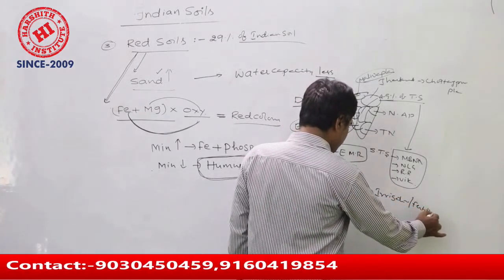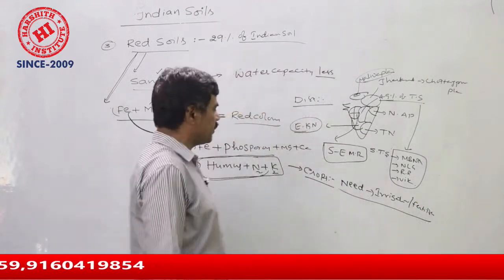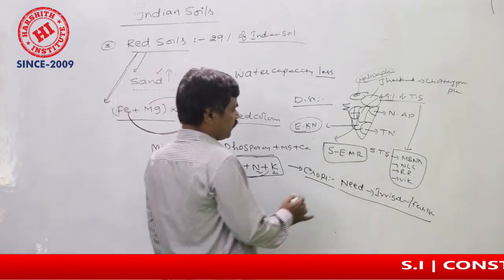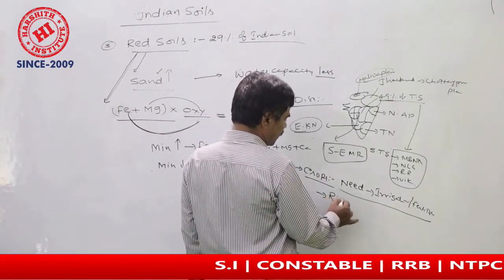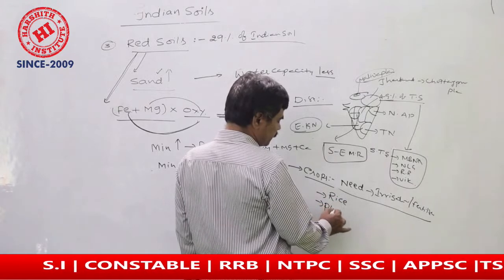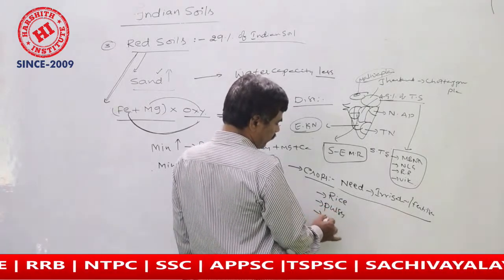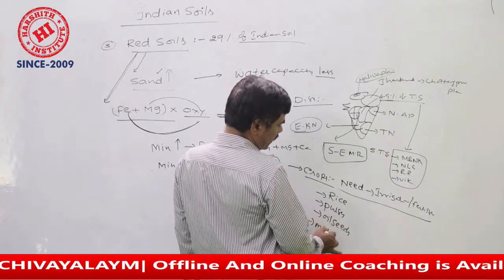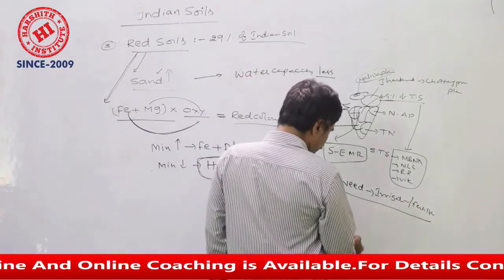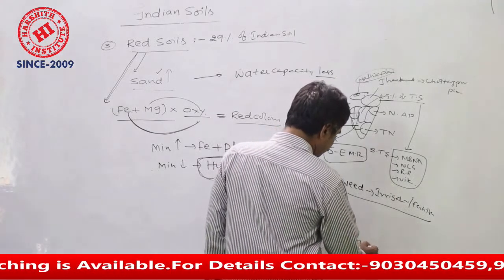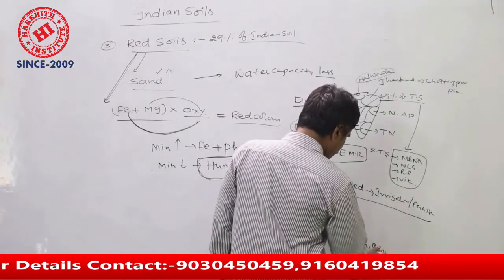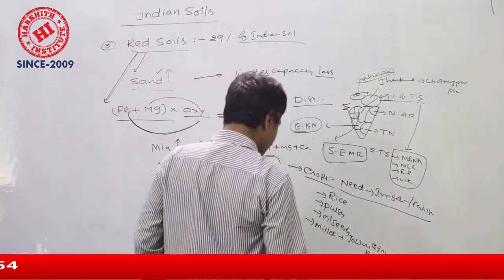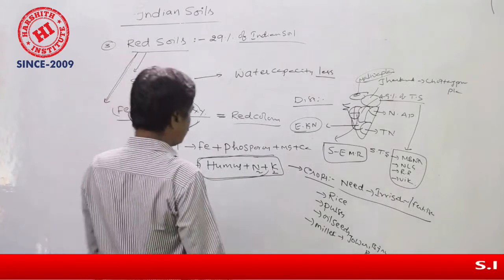In the presence of irrigation and fertilizer, the soils can give the highest production in all types of crops. Here, rice is cultivated, along with pulses, oil seeds, and millets. Millets means jowar, bajra, ragi. These are the very important produce of red soil.